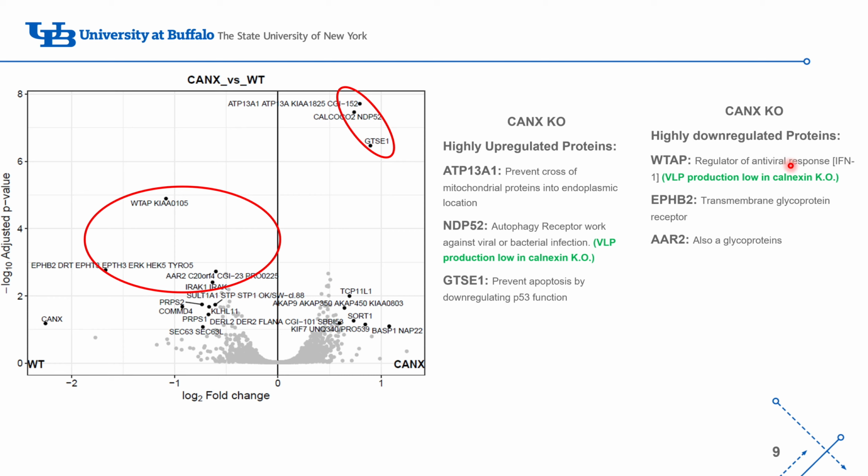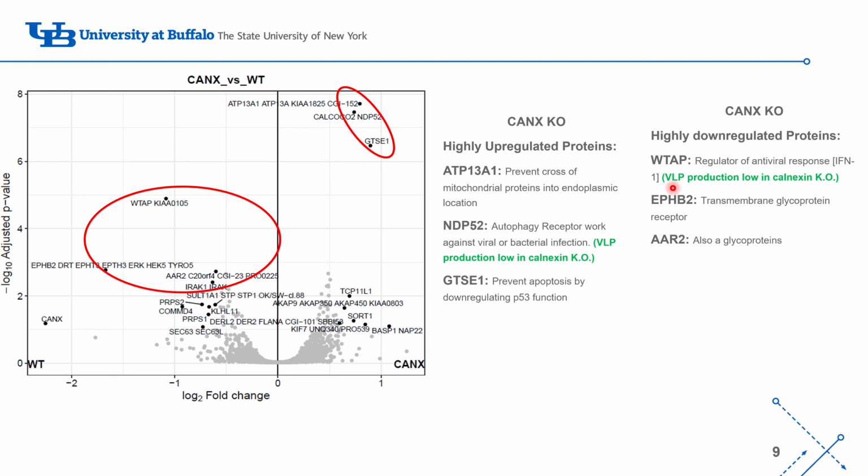So in the calnexin knockout, the high IFN1 upregulation will cause this antiviral response that will prevent the VLP production in this calnexin knockout.